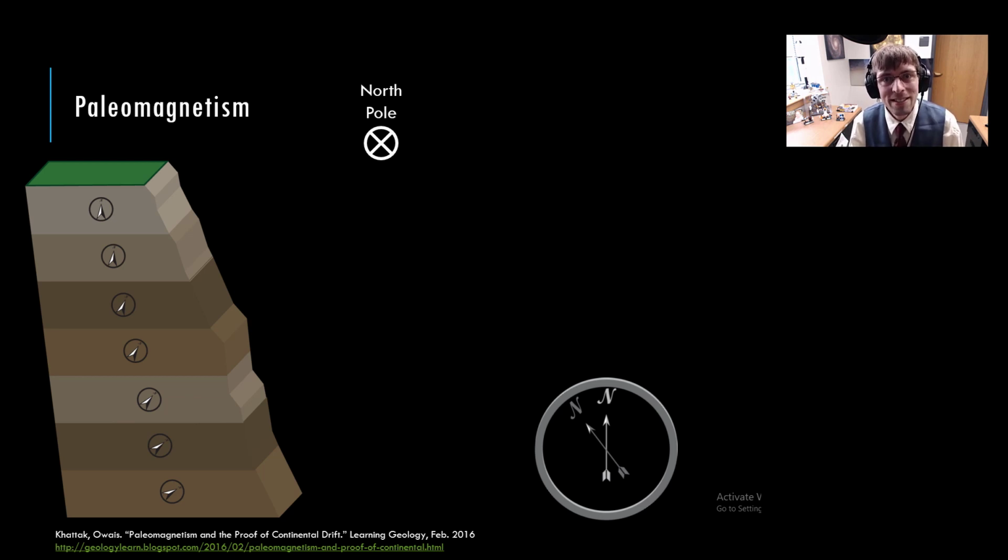Imagine for a moment that you dig down into the ground, going through different layers of rock beneath our feet. What we can do is look at the compasses in each layer of rock, in each layer of sediment, if you would prefer.